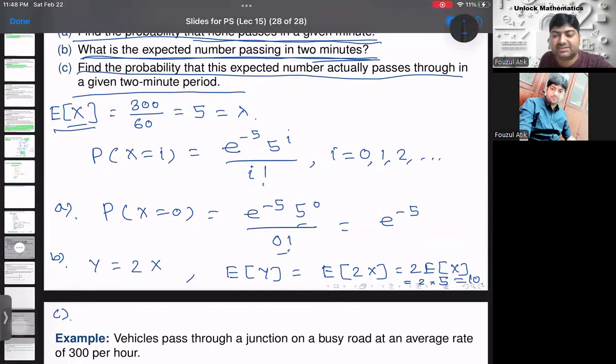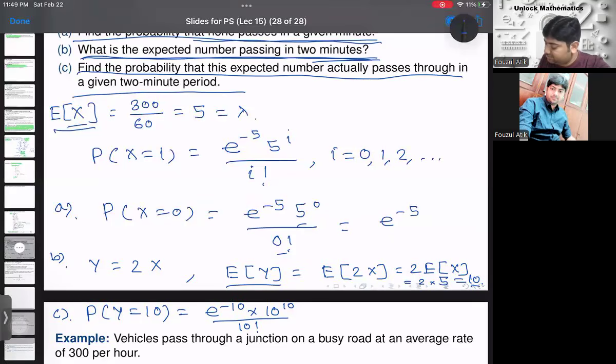In a 2 minute period, this expected value, the probability that exactly 10 vehicles pass in 2 minutes. So we'll have P of Y equal to 10. But what was the probability mass function? Because the expected value of Y is 10, it is e to the power minus 10 into 10 to the power i, but here i is equal to 10, so 10 to the power 10 divided by 10 factorial.